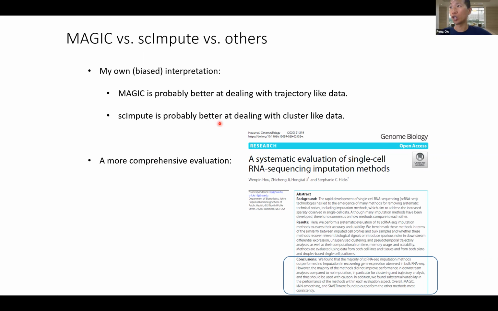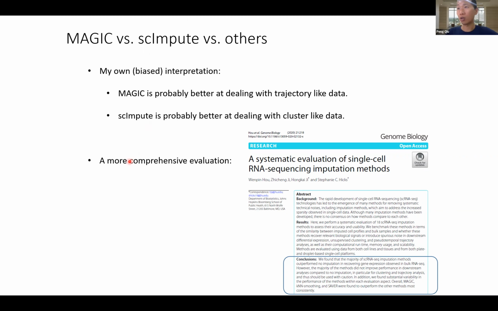But if we are looking at a data set containing distinct cell types, then MAGIC often would induce spurious correlations, and SCImpute is a better algorithm, in my opinion.